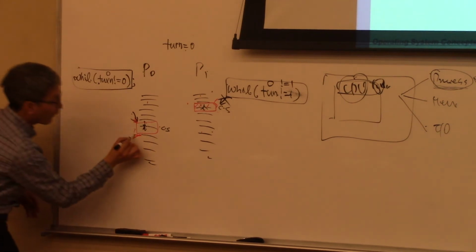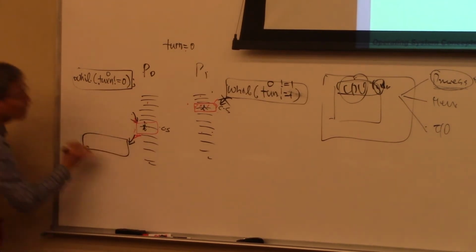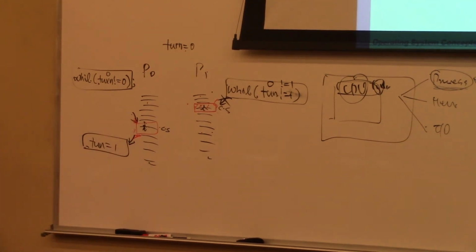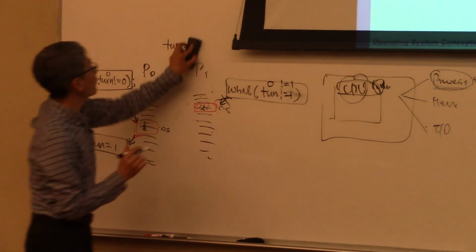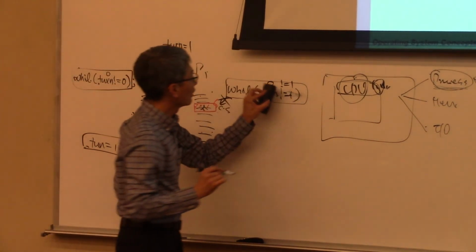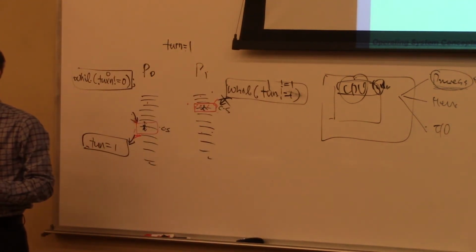Then, if process 0 is done, and exits, the exit section is what? Turn is equal to 1. Okay? Then this shared value is changed. Then this one, 1 is not 1. Is it false or true?